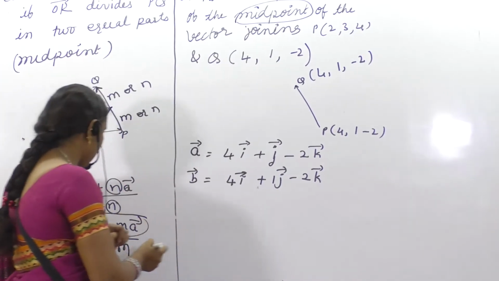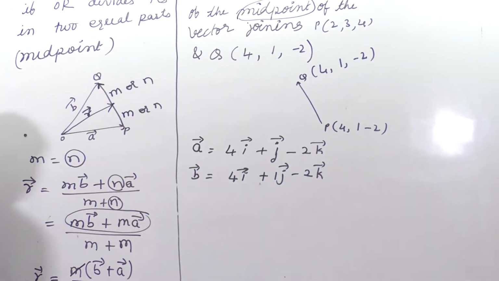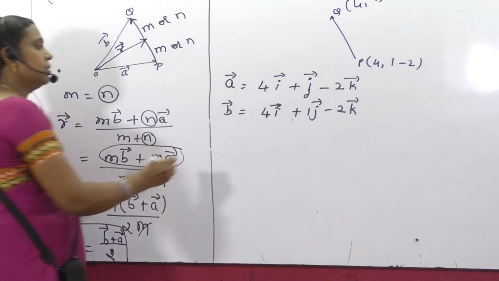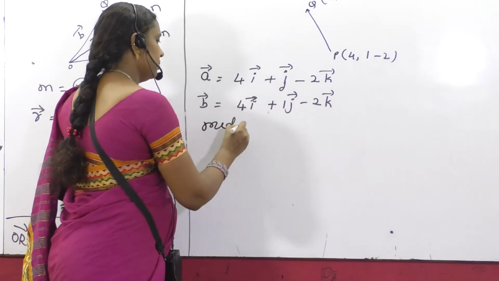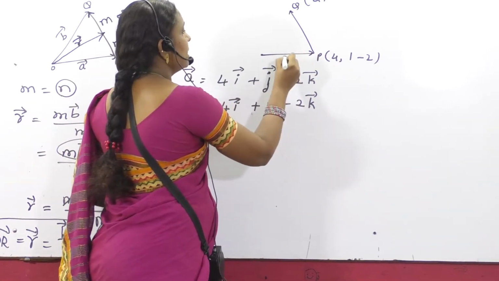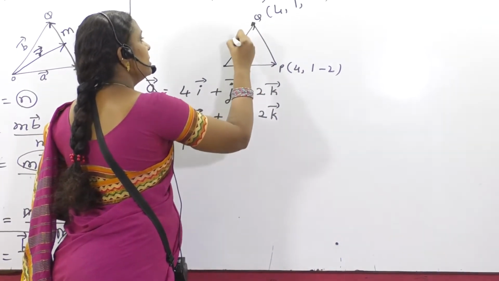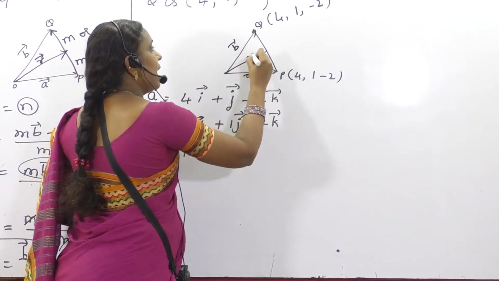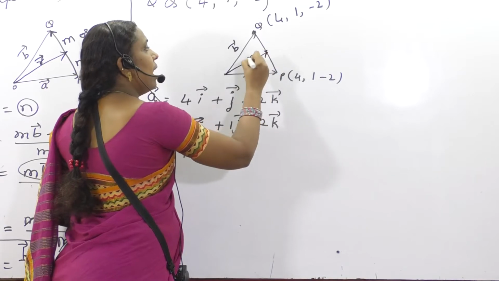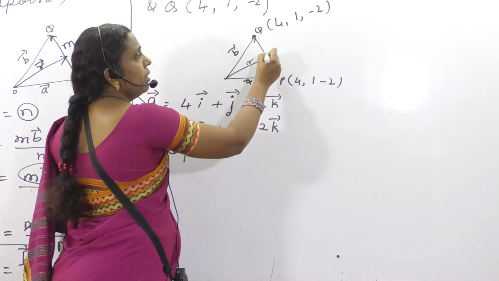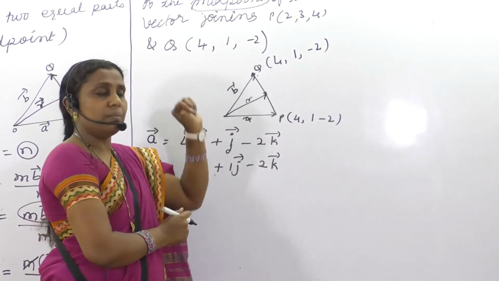Midpoint means which formula? Directly this formula you can apply. So midpoint, what are they saying? From O to P is A, O to Q is B, and O to R is R, and this R vector divides PQ in two equal parts.